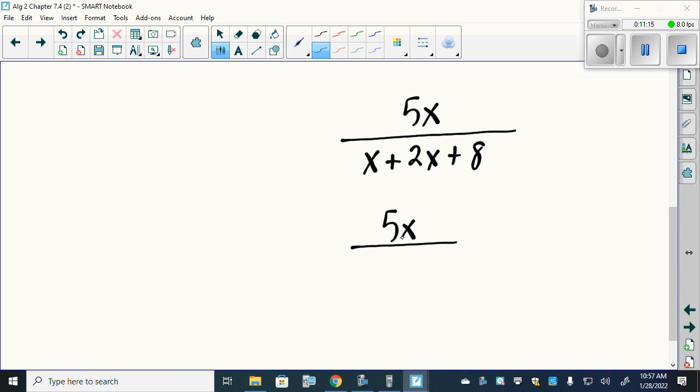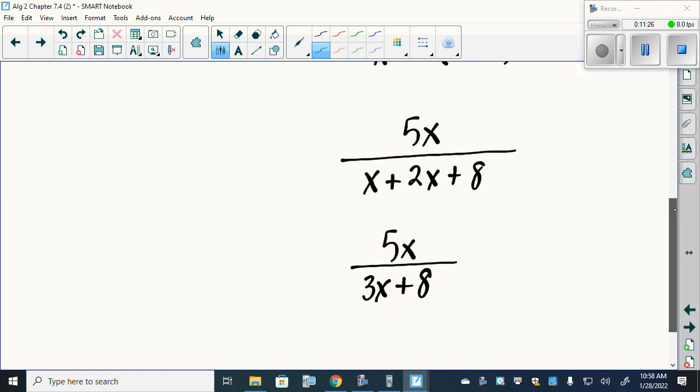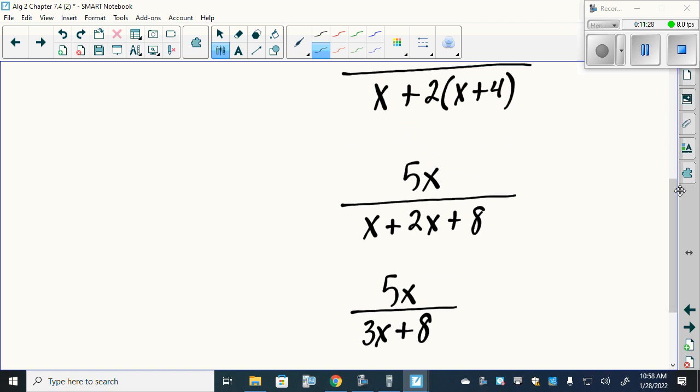We can add the x and 2x, which give us 3x plus 8. Is that the same thing we got going the other direction?